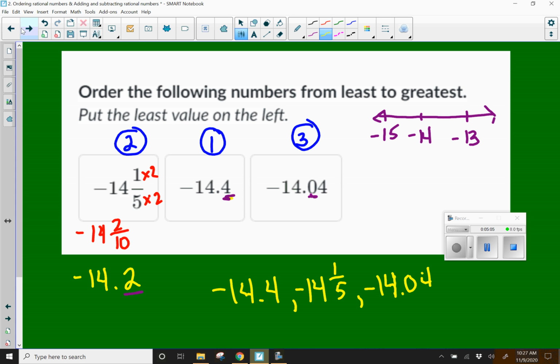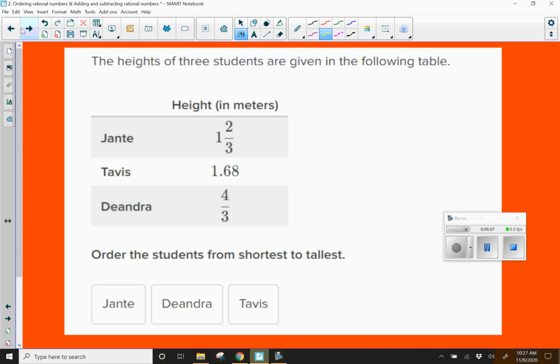Okay, let's try another one. The heights of 3 students are given in the following table. Order the students from shortest to tallest. So this one's a little bit easier because they're all positive. So I see that I've got a couple of mixed numbers here, and we know 2/3 is a repeating decimal of 0.6 repeating, so 1 2/3 is 1.6 repeating. So I'm going to take that out 2 places since this is also going out 2 places. 3 goes into 4 one time, so this would be 1 1/3, which is equivalent to 1.3 repeating.